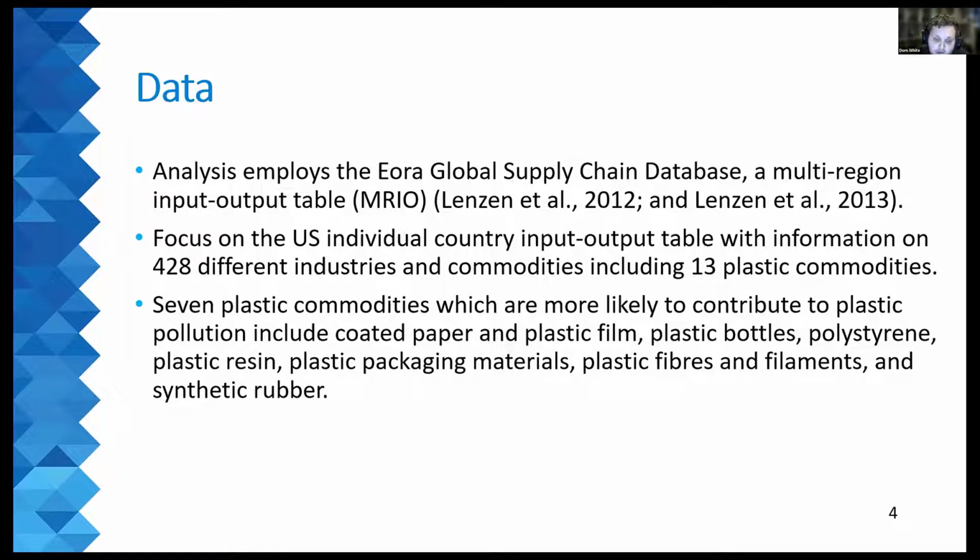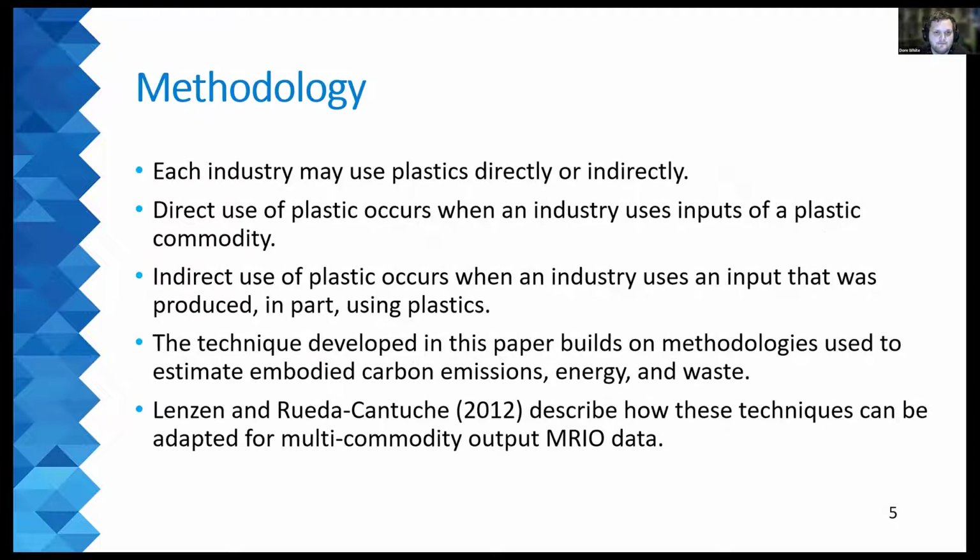And these included coated paper and plastic film, which is things like bread wrappers, wrapping paper, and cling film, plastic bottles, which is self-explanatory, polystyrene, which includes disposable coffee cups and dinnerware, plastic resin, which includes nylon resins and elastomers, plastic packaging materials, which includes flexible packaging, such as the plastic wrap used for freight, plastic fibers and filaments, which includes things like polyester, cigarette filters, nylon, and cellophane, and synthetic rubber, which includes latex and silicone rubber.